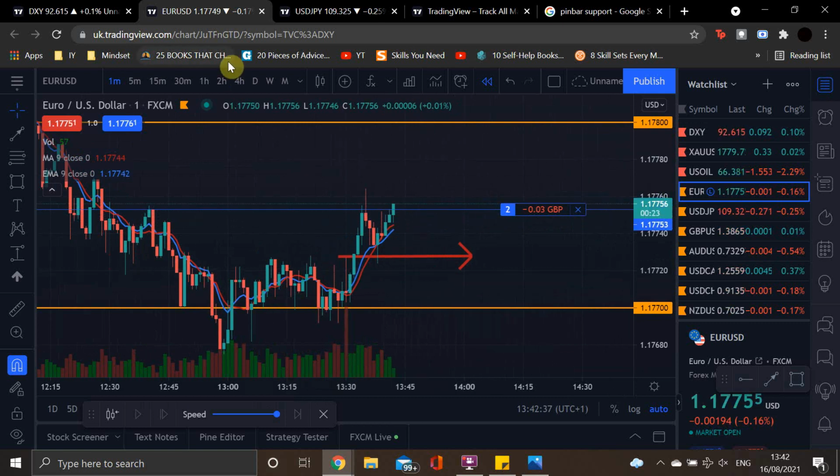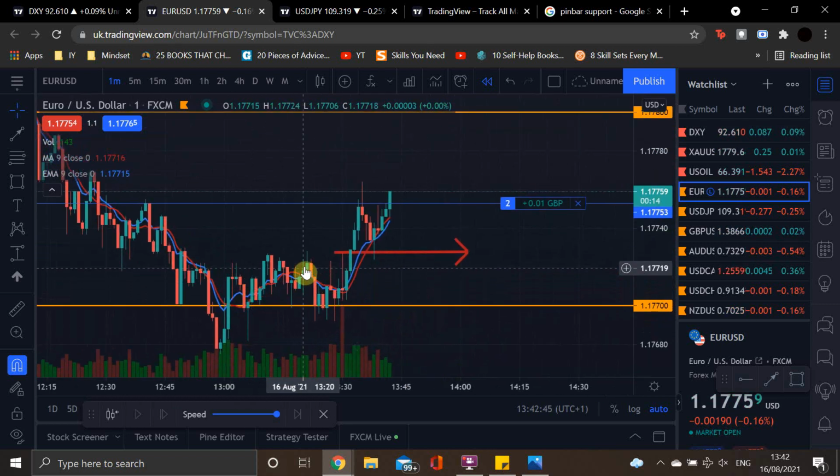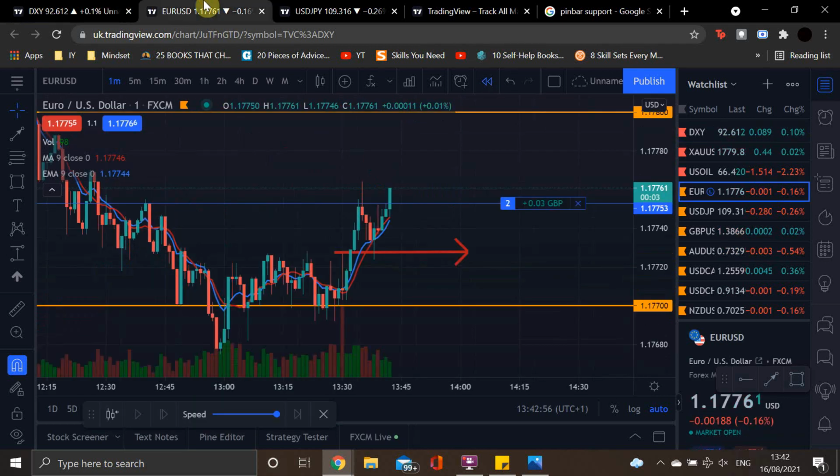Going in my direction, which is good. This one's pushing down. Euro's pushing up.